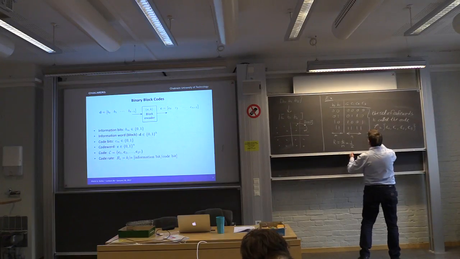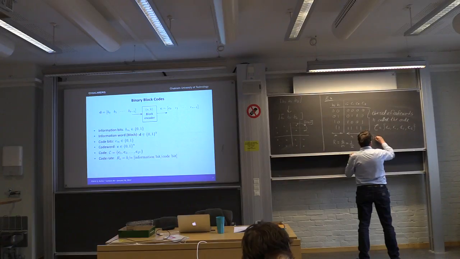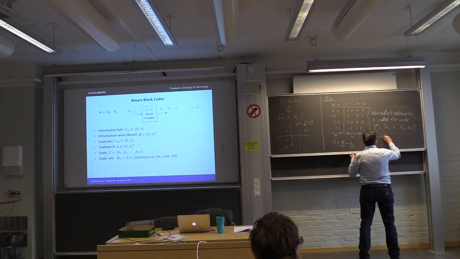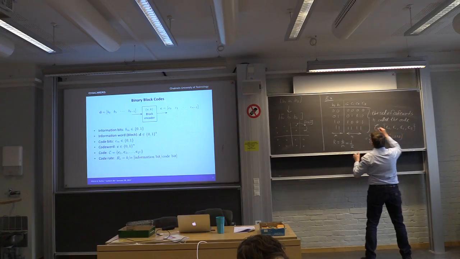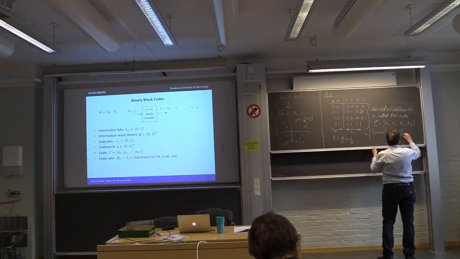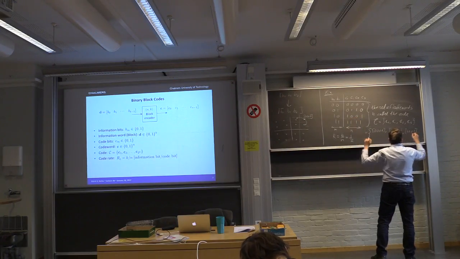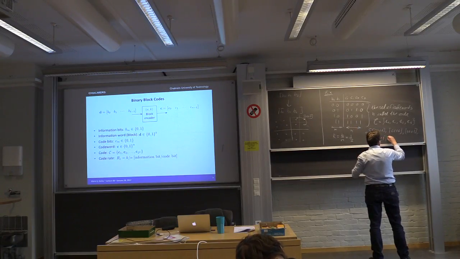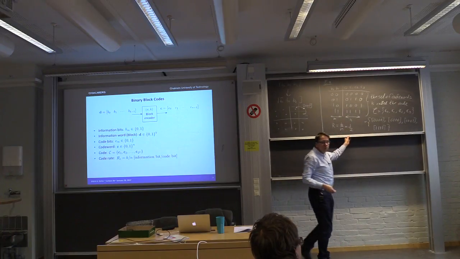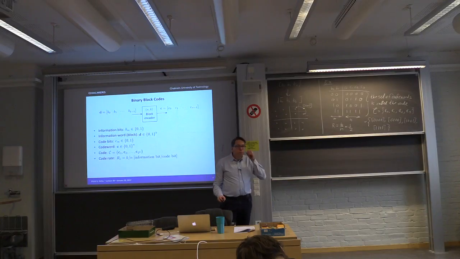That's simply, in this case, equal to 0000. That's one code word. The second code word is 0110. The third code word is 1001. And the fourth code word is 1111. So that's codes in general.